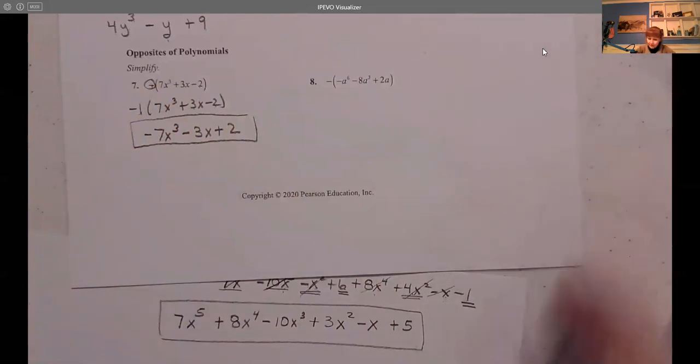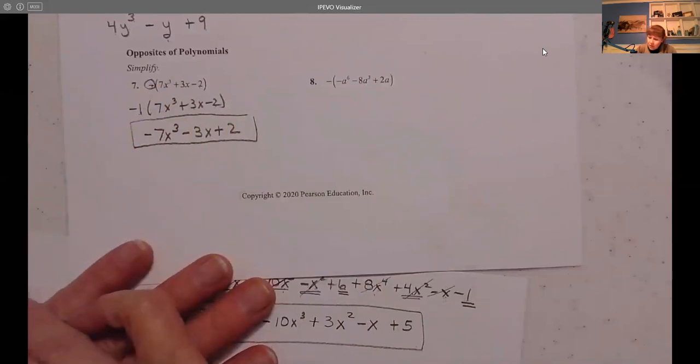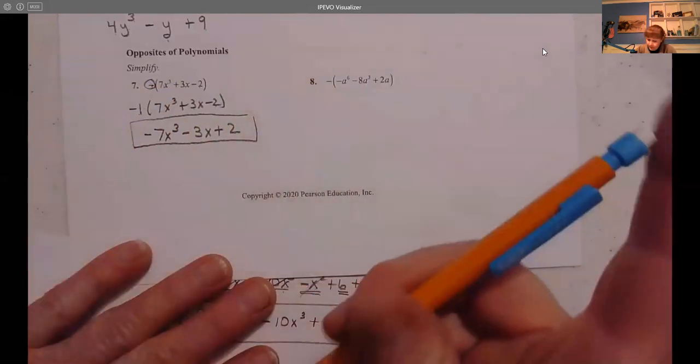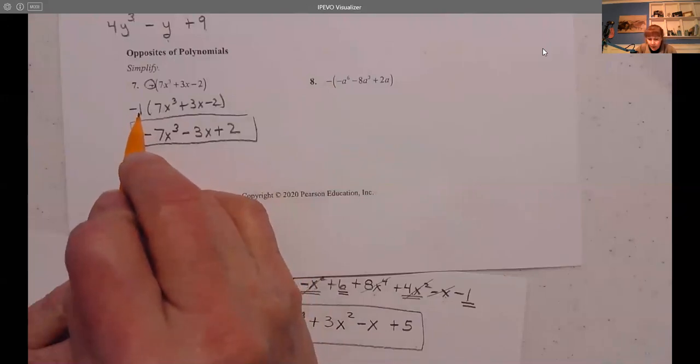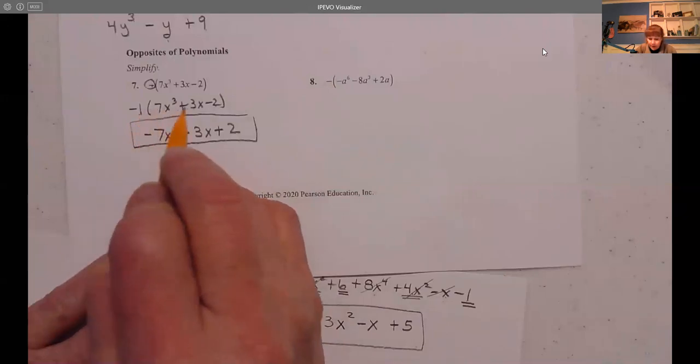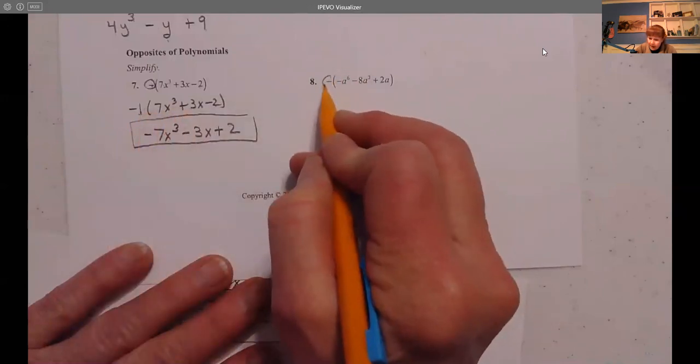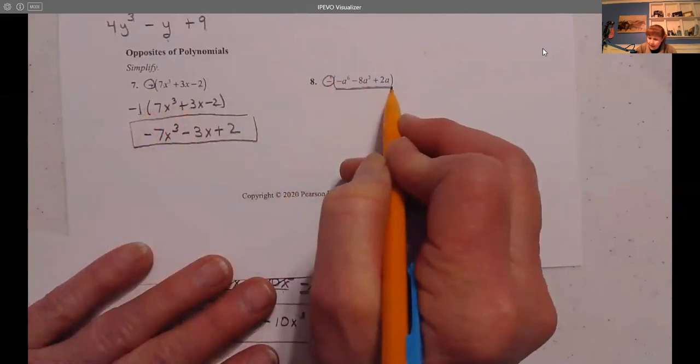All right, so let's look at this number 8. What we're going to do is, rather than thinking of it as a -1 times this, a -1 times this, we're just going to take the opposite of what's inside.